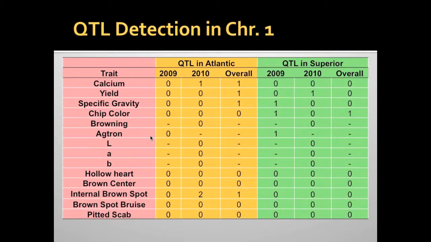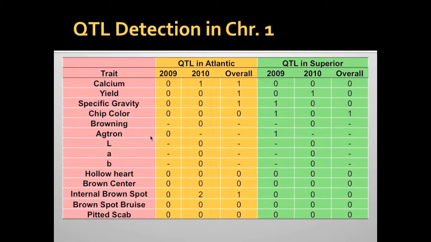And you can see that, for example, in calcium, we found a QTL in 2010, but not in 2009. But it was present in the overall analysis of both years together. Also, in yield, we found one QTL that was present only when we used the overall data set.